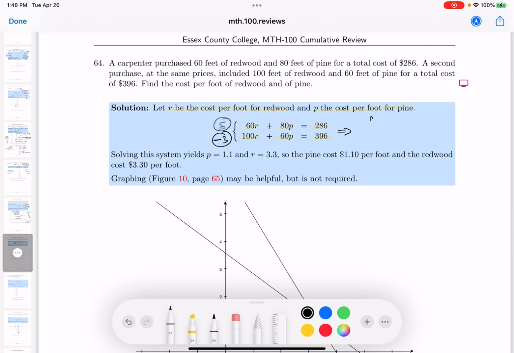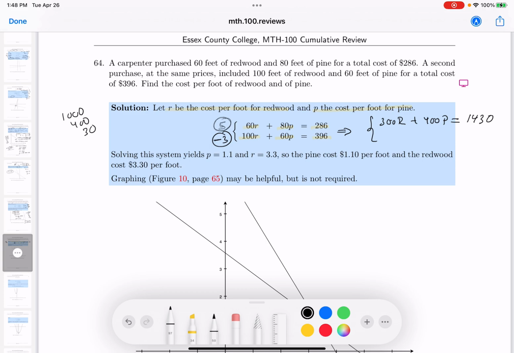Let's write this down. You would get 300R plus 400P equals, well, 5 times 286, that's 1,430.